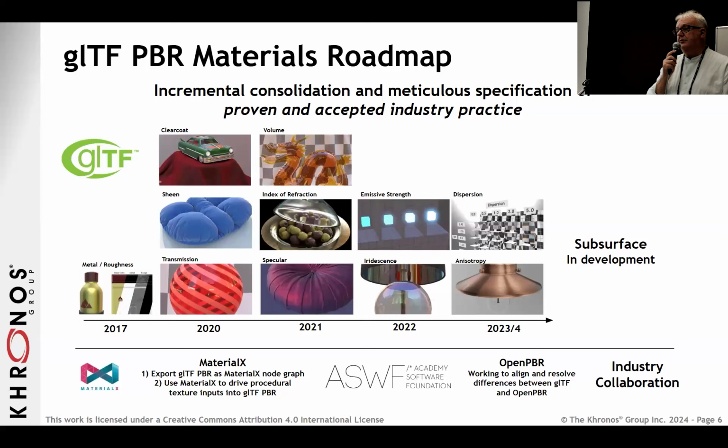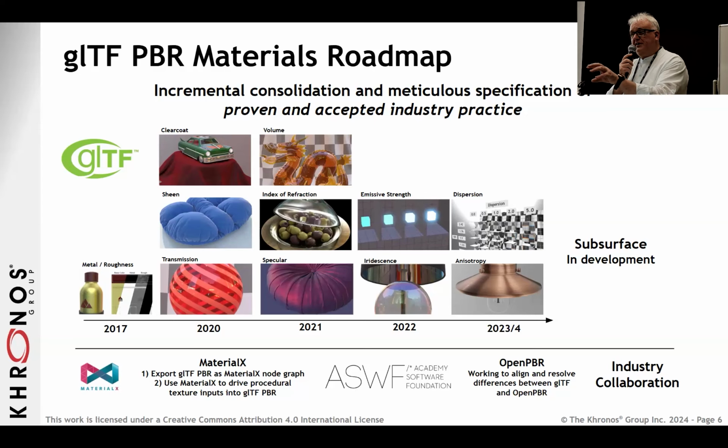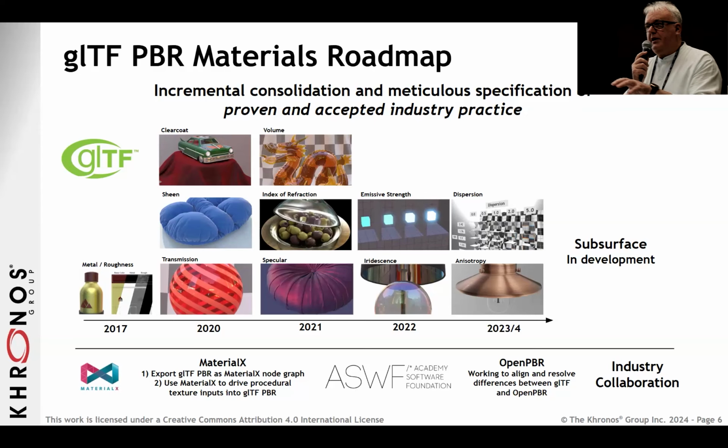One of the key things about glTF, of course, is that it has very well-defined PBR, and so we're working constantly to figure out what the common practice is throughout the industry. We're not inventing new technologies, we're consolidating and precisely defining what the industry is doing around PBR and integrating that into the glTF standard. We have the roadmap that's on the screen there.